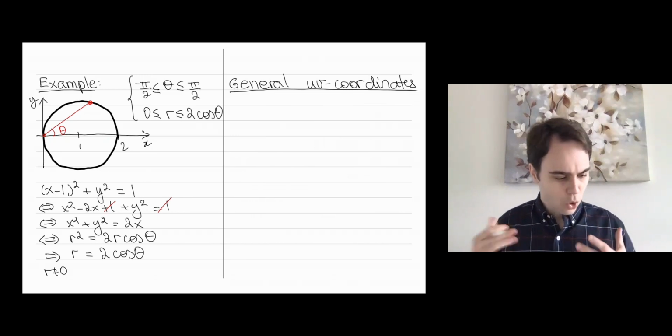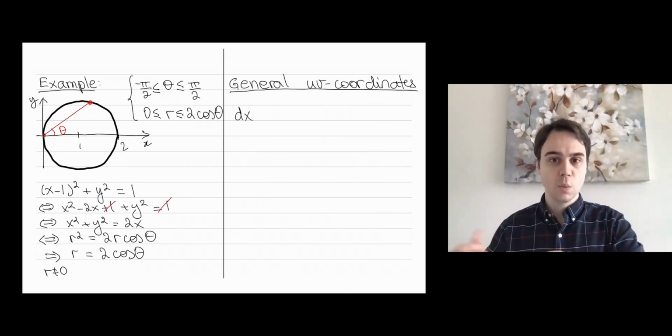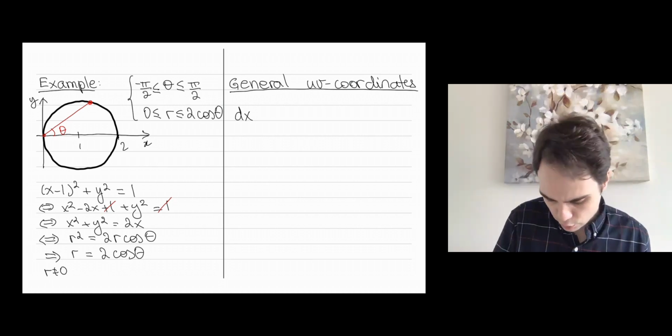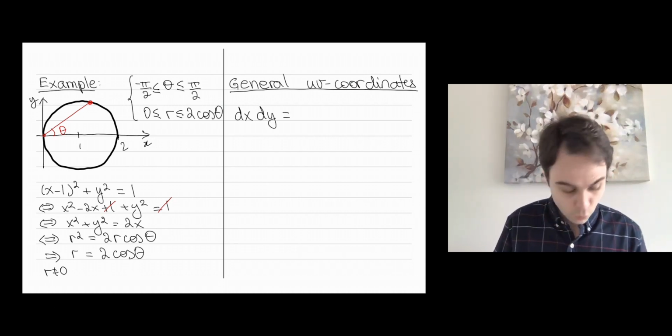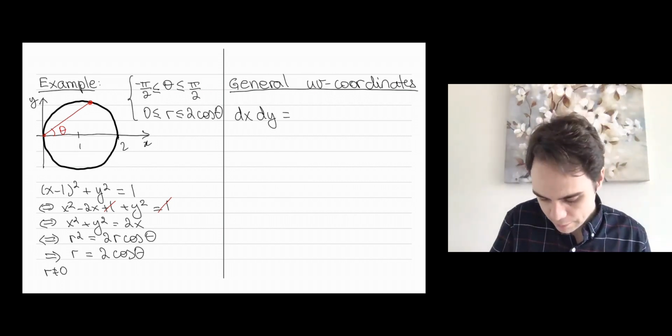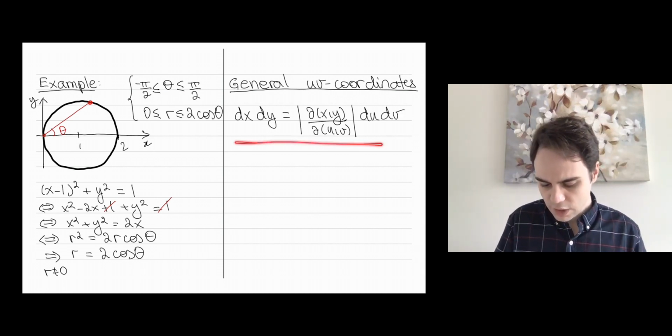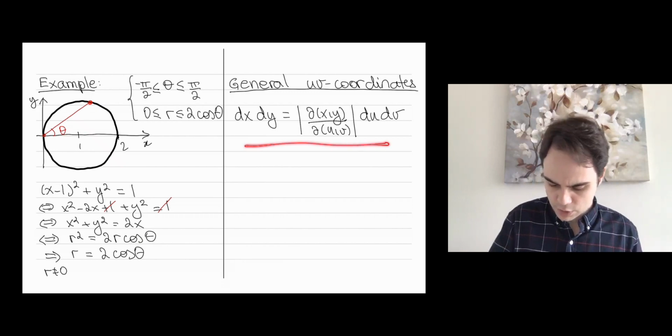So we learned about the Jacobian determinant. If I have x and y expressed in terms of two other coordinates u and v, then a very important thing that we learned is that dx times dy is the absolute value of the Jacobian determinant of x and y with respect to u and v, multiplied by du dv.